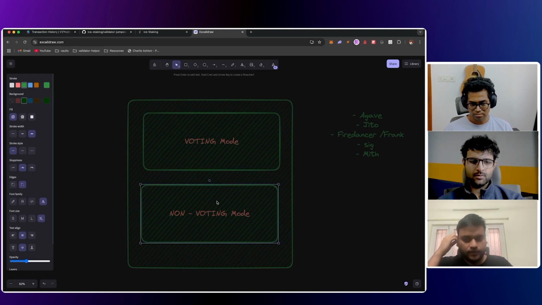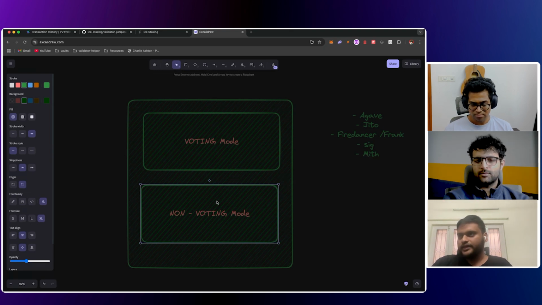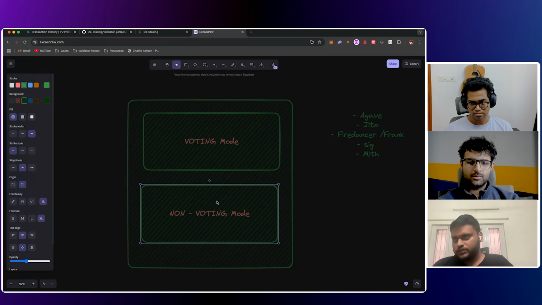Then you can run it in non-voting mode. A lot of people do this because that's the way to get data from the chain. So you have RPCs. RPCs are non-voting validators. People also use a few for state verification. You can run it in archival mode, which is basically keeping the whole history of the chain.